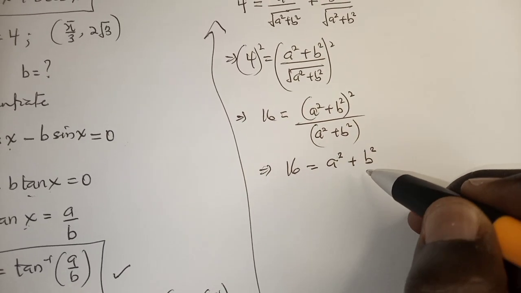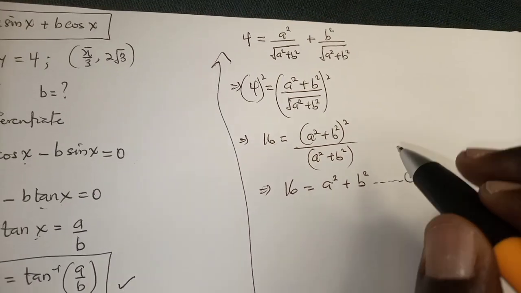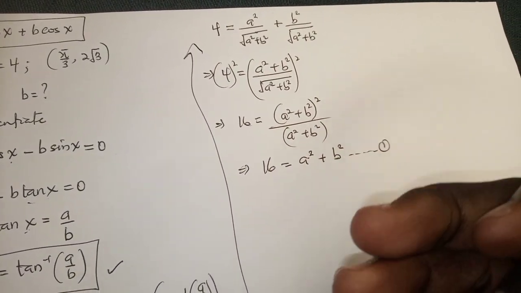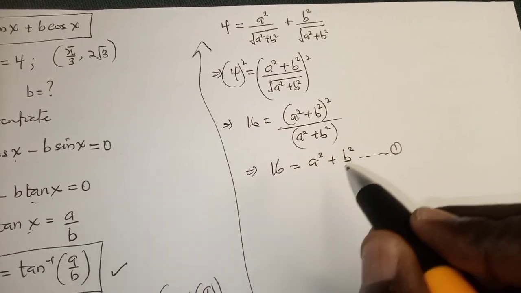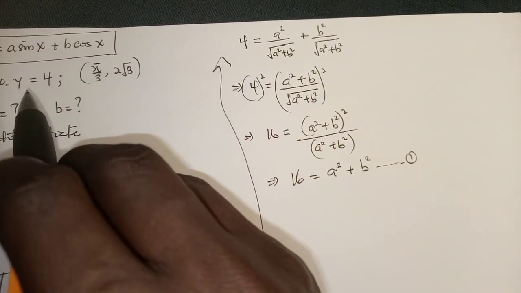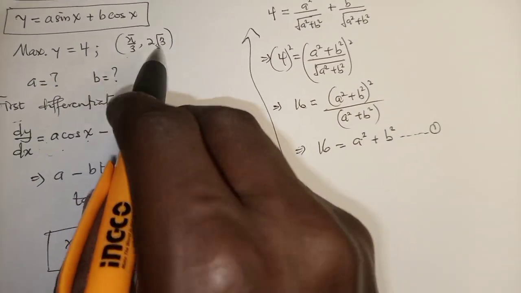So here you have your equation 1, your first equation. We now generate another equation in terms of a and b, but this time around we'll use the points. We've used the maximum, we now use the coordinate given to us.